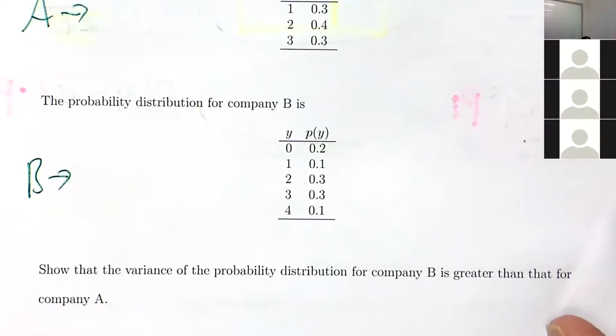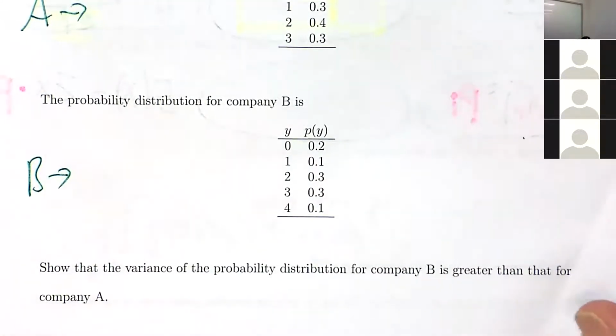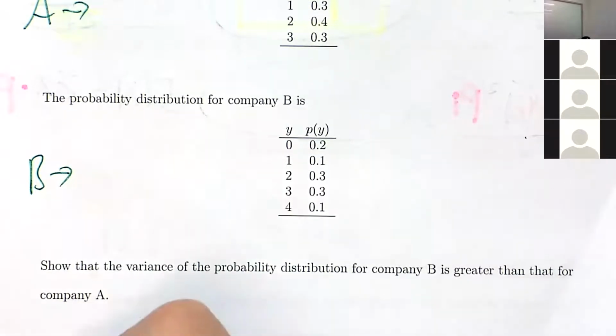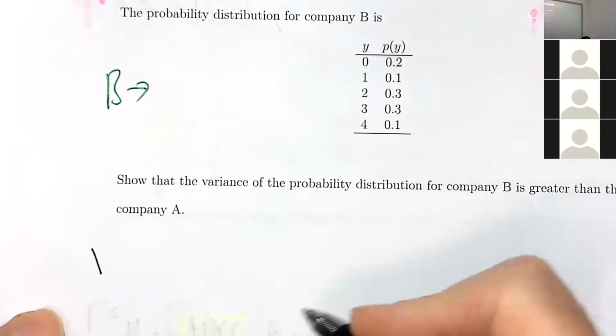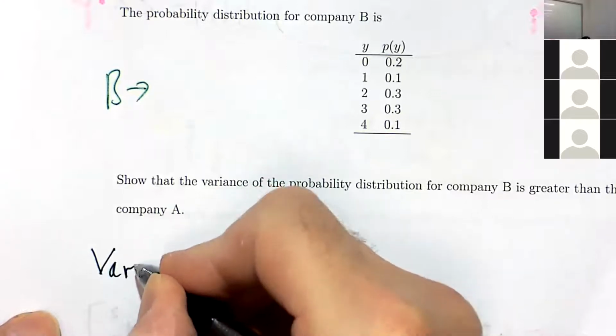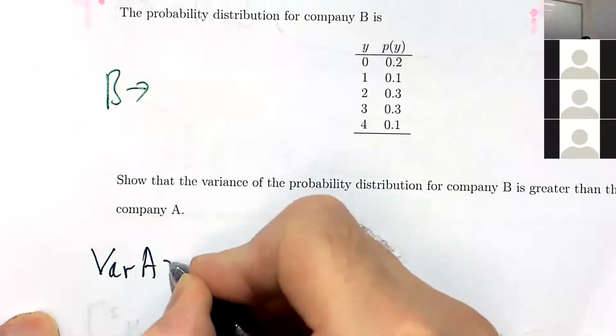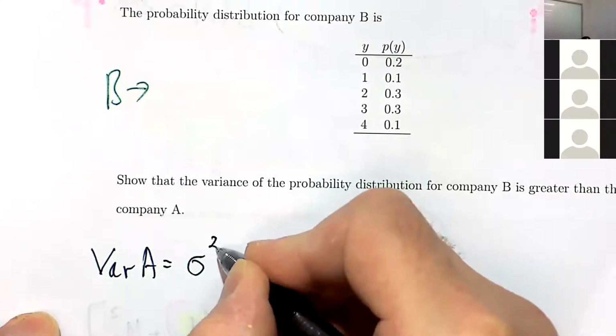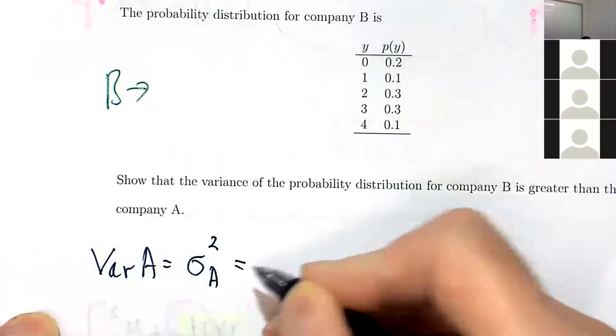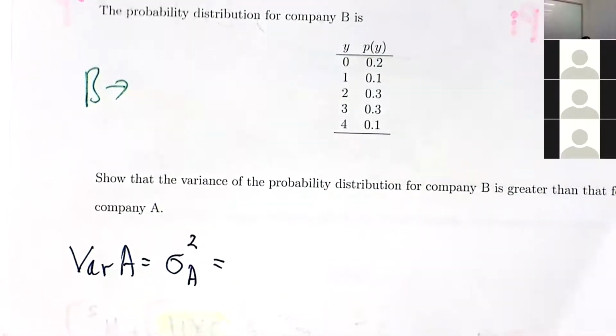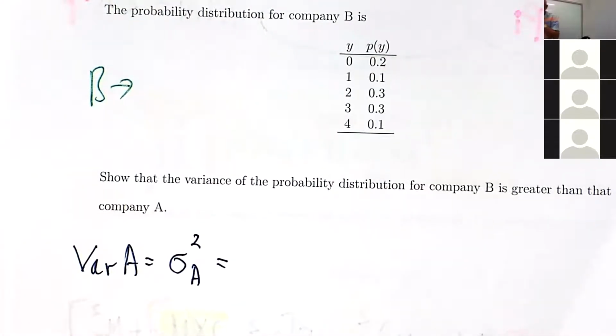All right, so let's write the formula for the variance. So variance of A, or you can say sigma squared of A is equal to, in our formula, expectation of the squared minus squared of the expectation.